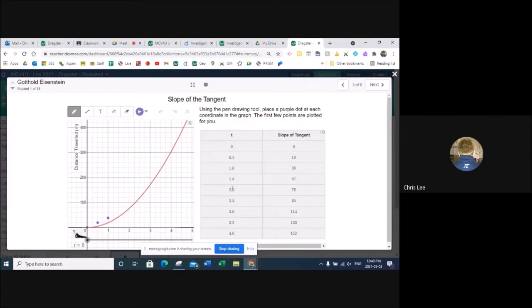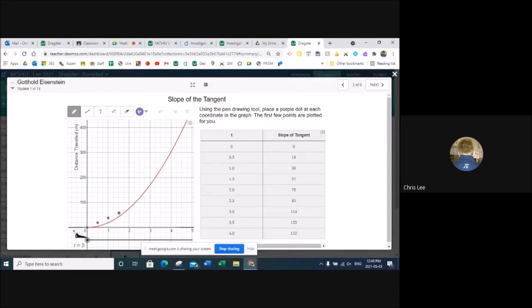You see that I've graphed the first few of these. So what we're going to do is now take these slopes of tangents and put them onto the graph. The 0, 0 spot is there, the 0.5 and 19, and the 1 and 38 spot is there. Then we're going to go to 1.5 and 57.